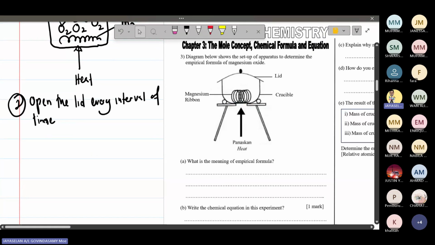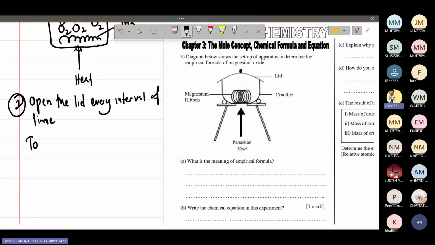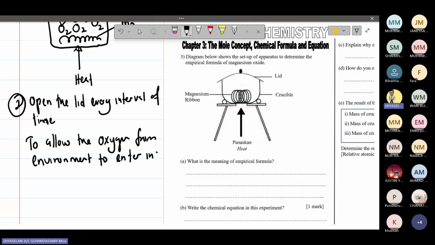So if in the exam they ask why the lid must open every interval of time, jawapan kamu untuk membenarkan to allow the oxygen. Oxygen from what? Jangan letak outside. Oxygen from the environment to enter inside the crucible.